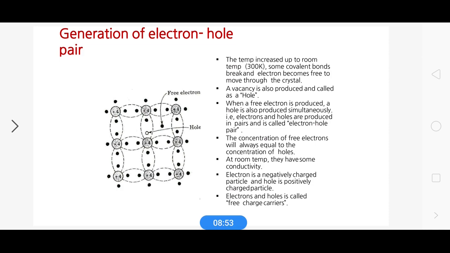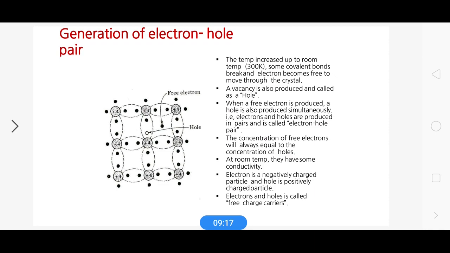As the temperature increases, some covalent bonds will be broken. In one covalent bond there are 2 electrons, so if one covalent bond breaks, electrons become free to move throughout the crystal.